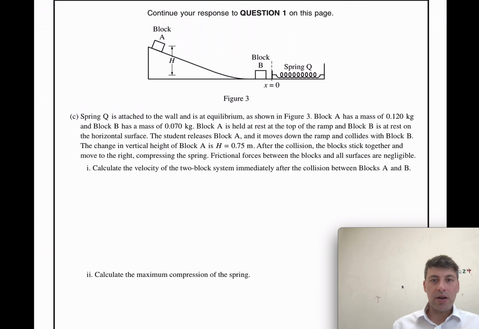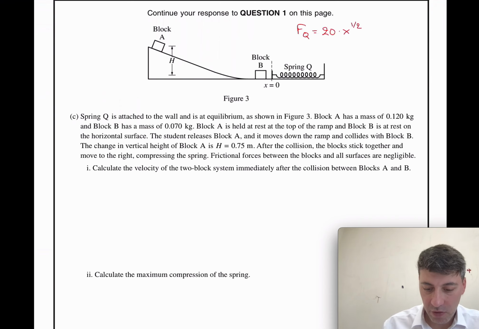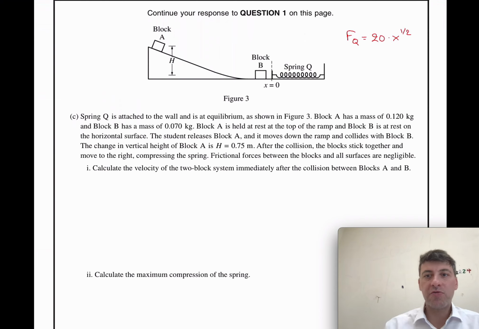Well, now the spring Q is attached to the wall. Again, we need to remember the value for the force on spring Q, which was 20 times x to the power of 1 over 2. A block A of mass 0.12 kg and the block B are at the positions that we see.